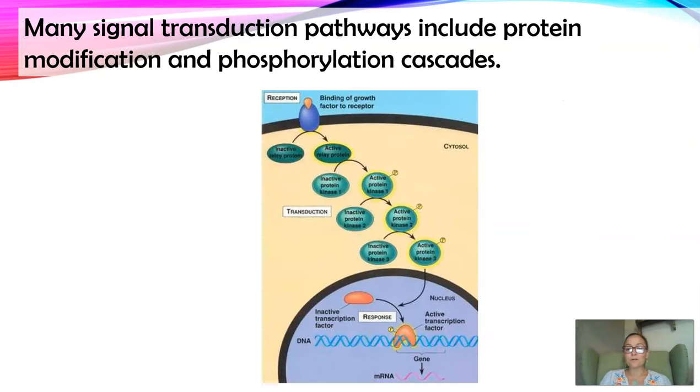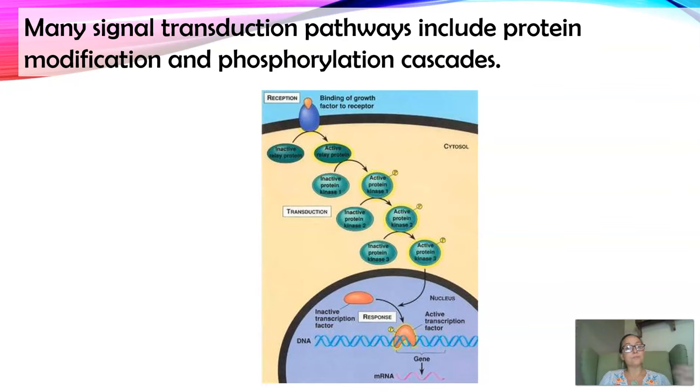And then a phosphorylation cascade, when we talk about kinases, it's an -ase, which means an enzyme, but a kinase transfers phosphate groups to proteins. When we talk about a protein becoming active, oftentimes it's because it was phosphorylated.